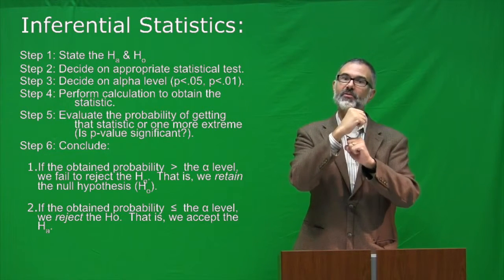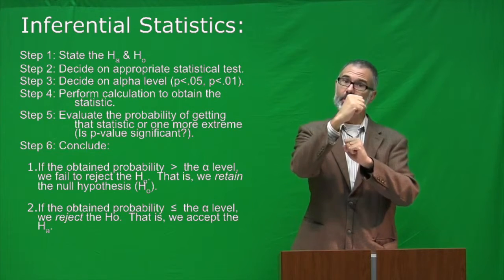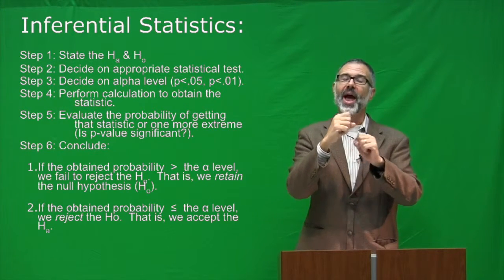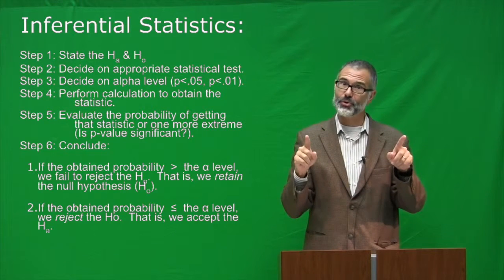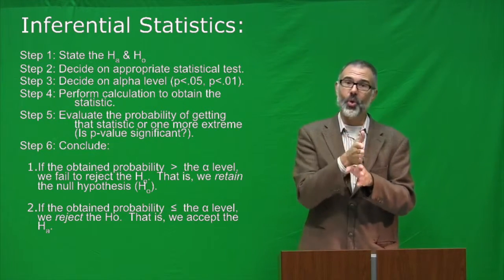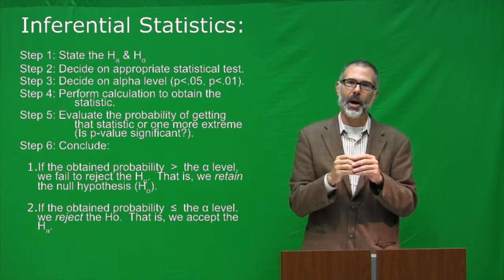And because means of means are normally distributed, the mean of the control group and the mean of the treatment group should be normally distributed. And the normal distribution has a set of known properties. We know what the standard deviation is. We know what the mean of that population is.